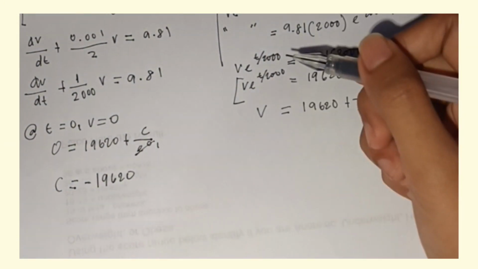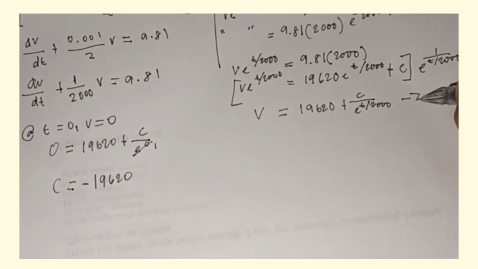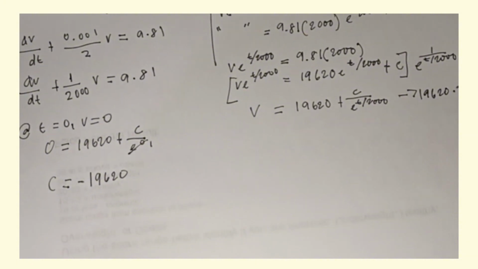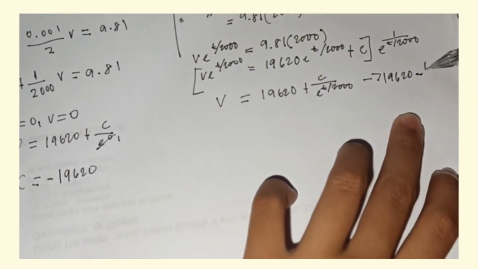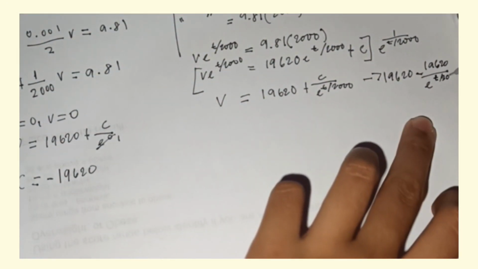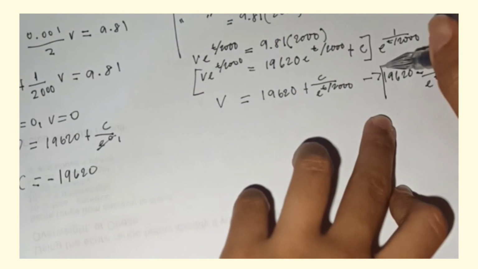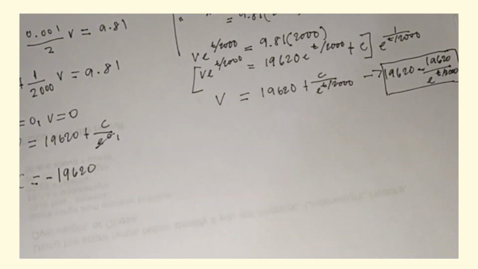Substituting it here, V equals 19620 minus 19620 over e raised to t over 2,000. This will be our equation to find the velocity of the object at any time.